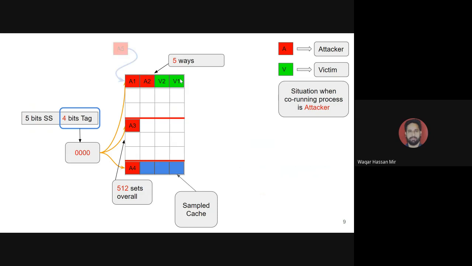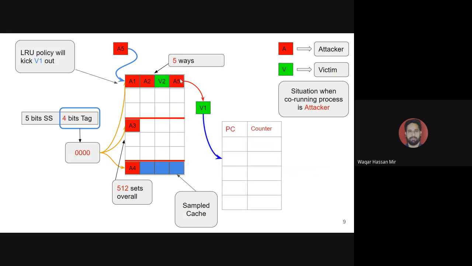When the attacker accesses this particular cache set, it can surely do it with good probability. There is an LRU replacement policy applied in the sampled cache, so when the sampled cache set is full, it will evict one of the blocks. Here V1 will be evicted, and the attacker will place its own block there, with its tag bits.